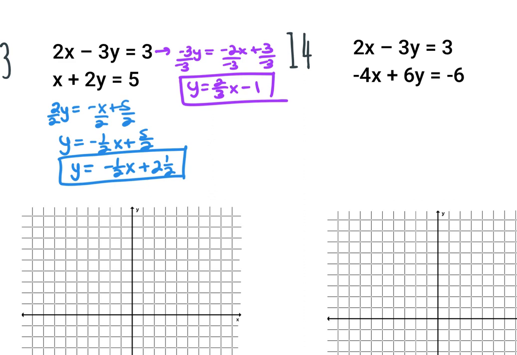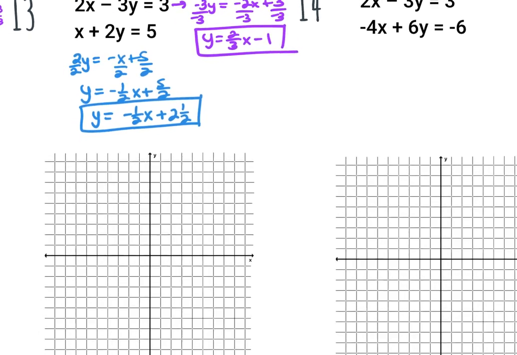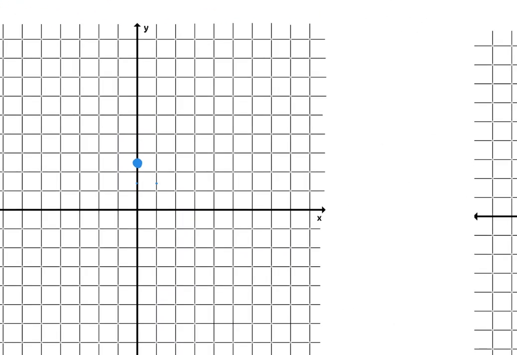All right, so I'm going to plot them. Again, I'm starting with the blue just because that's the color I just finished. So 2 1/2 is your y-intercept. And your slope is down 1 and to the right 2.